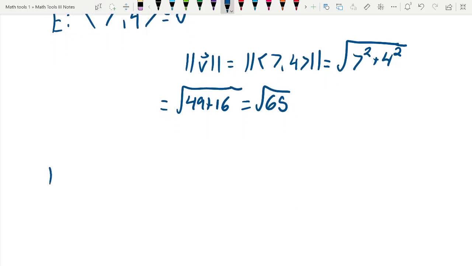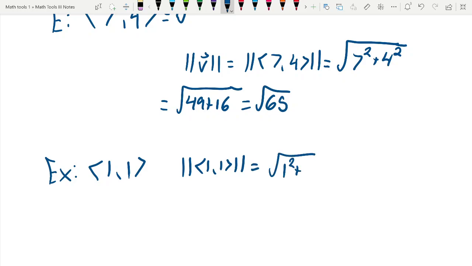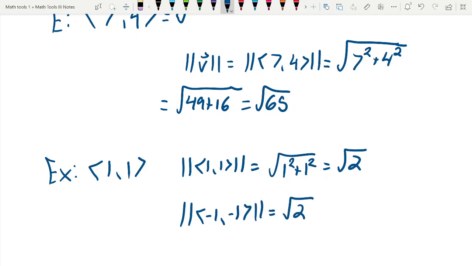So if we look at the vector 1, 1, for example, that was another vector we looked at. Its magnitude would just be the square root of 1 squared plus 1 squared, so it would be the square root of 2. Okay. Now, if we looked at the magnitude of negative 1, negative 1, this would also be the square root of 2, right?